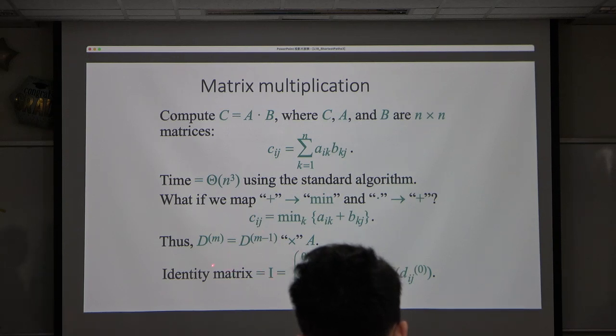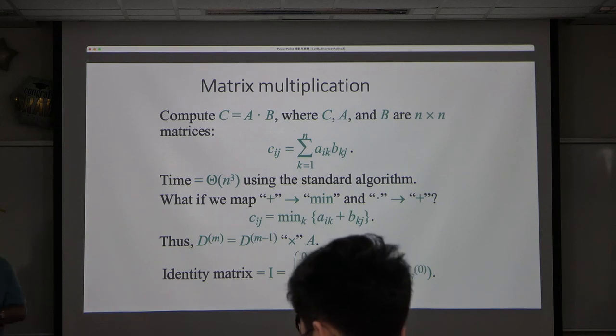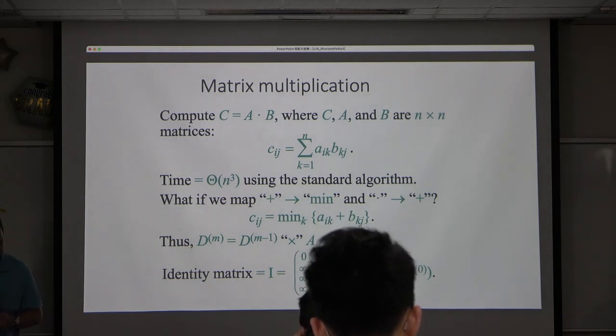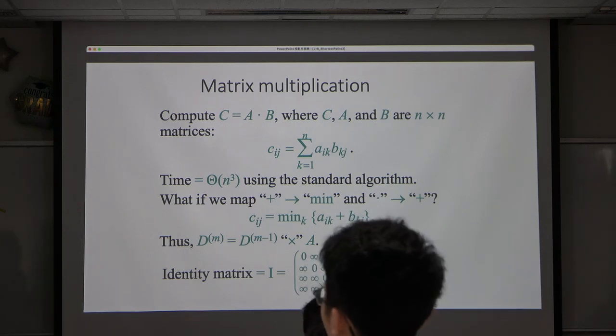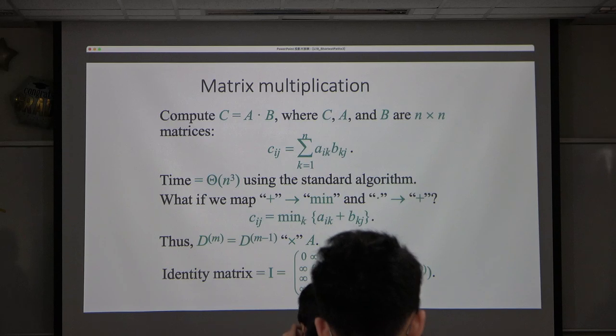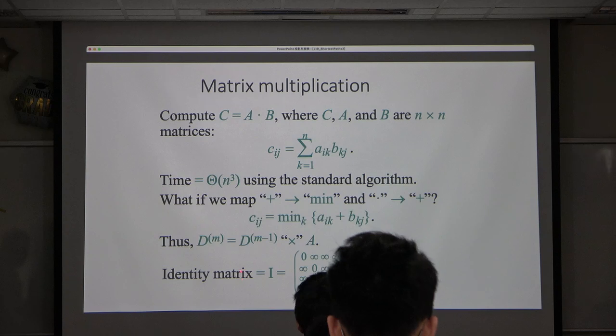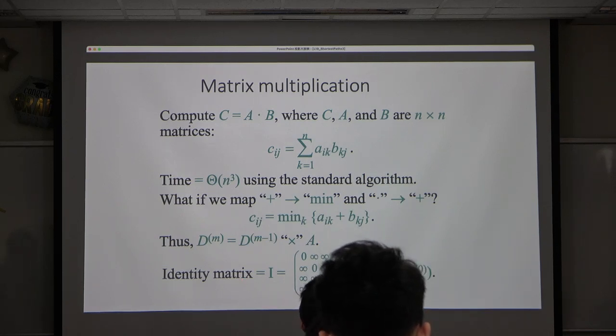after the first multiplication, it's I times A, which is A, right? Which is very appropriate, because if you are only able to use one edge, then obviously D^1 is going to be exactly A. According to the definition, it should be the same.